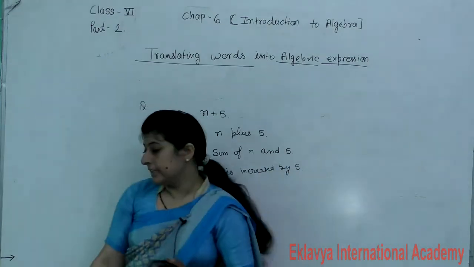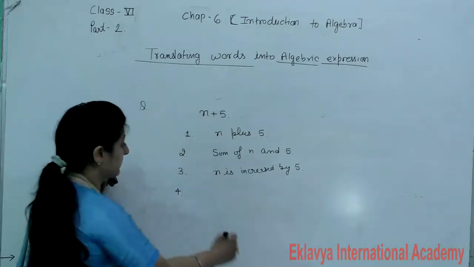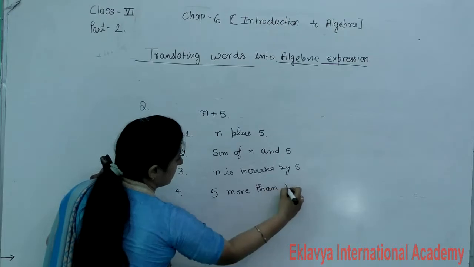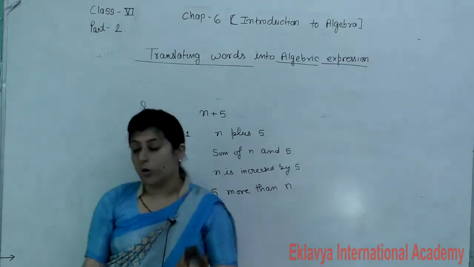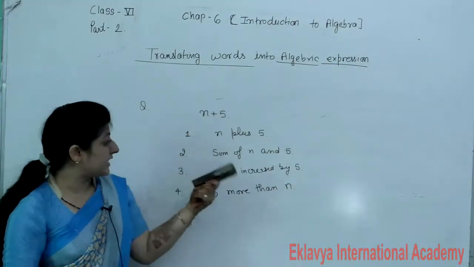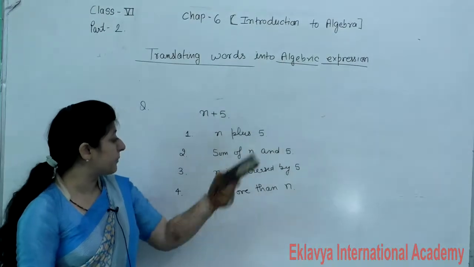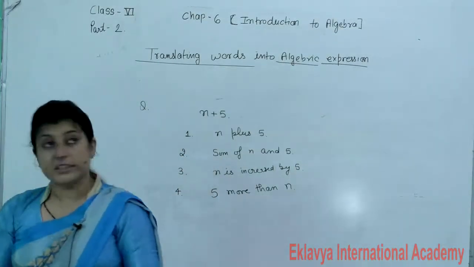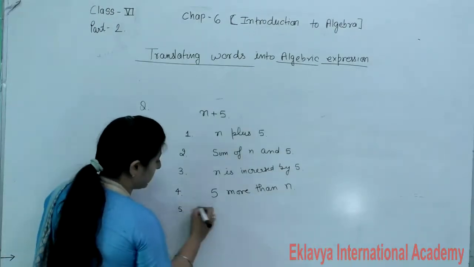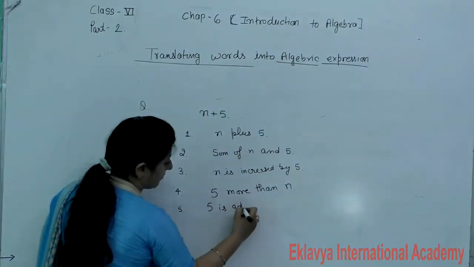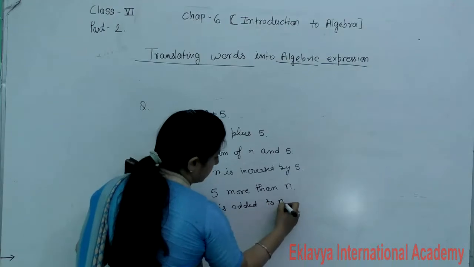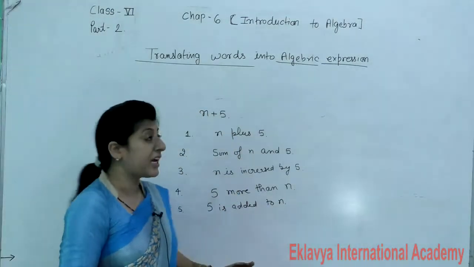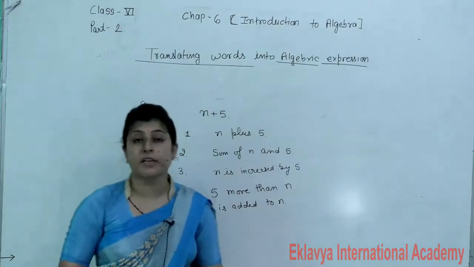Fourth, 5 more than n. Or 5 is added to n. If we have these types of words, we get the same result, n plus 5.